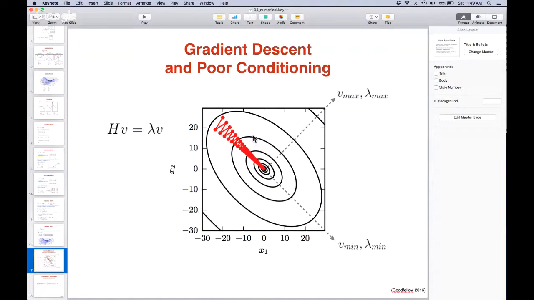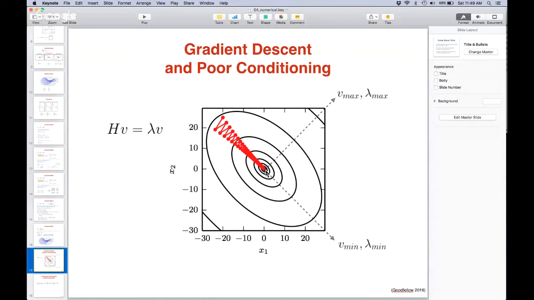And so the gradient descent in our optimization algorithm, if the condition number of the Hessian matrix, I talked about the condition number being equal to the ratio of the maximum and minimum eigenvalues, if this condition number is large, then you might run into some problems in your gradient descent algorithm.